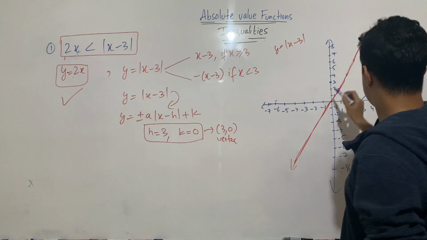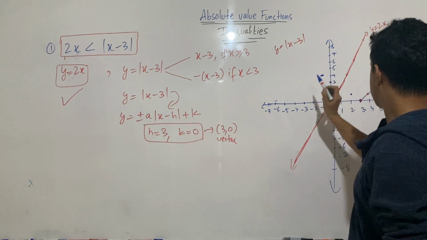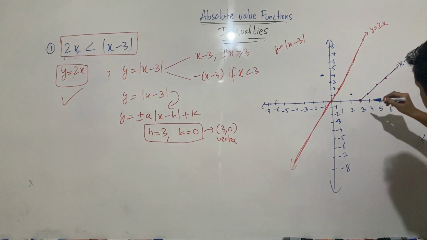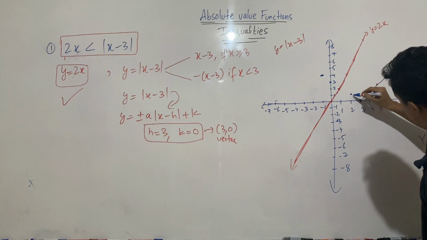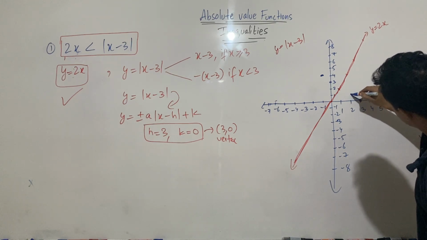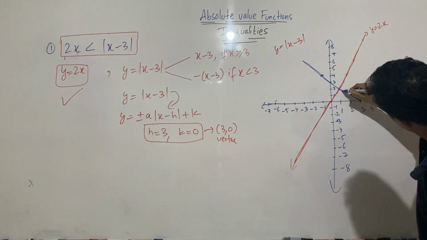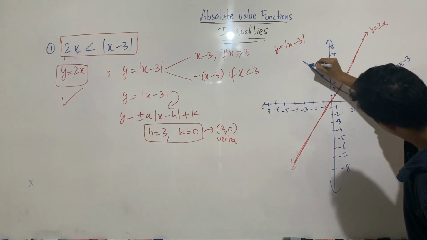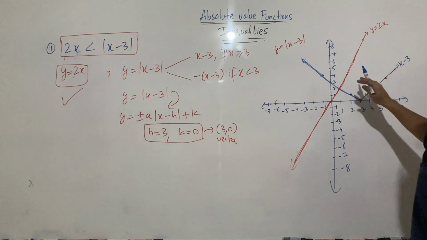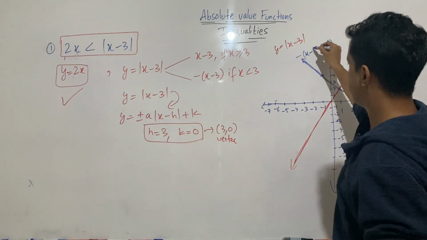So if you join them, it's going to be this. So this is x minus 3, and this is going to be minus of x minus 3.